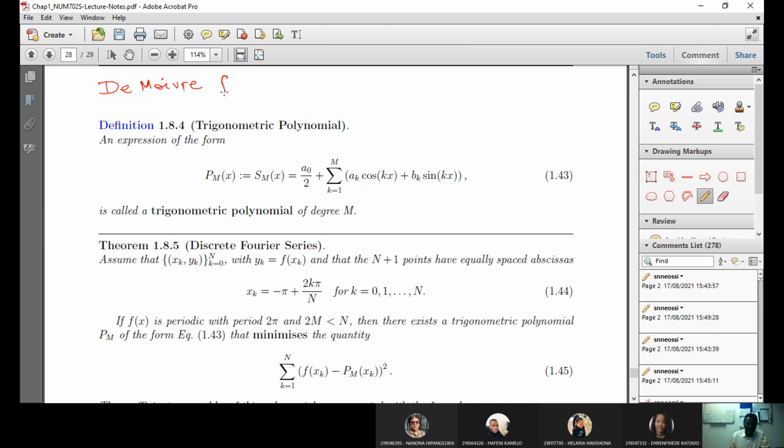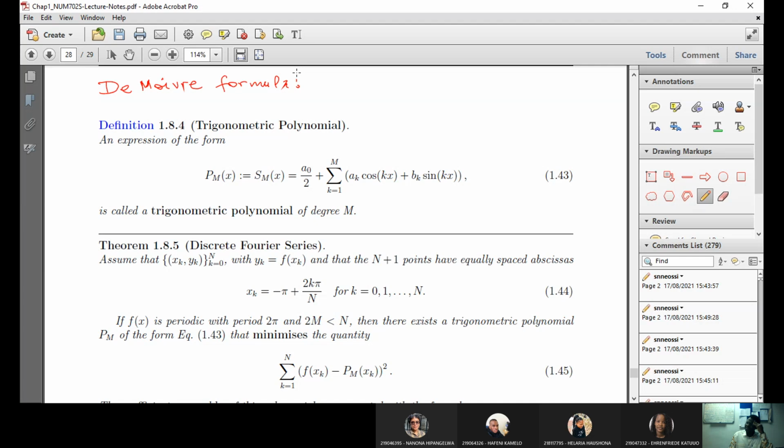The Moivre formula, some also call it Euler. No, it's a bit different. Euler's formula is the other one. It depends, you might have other names.